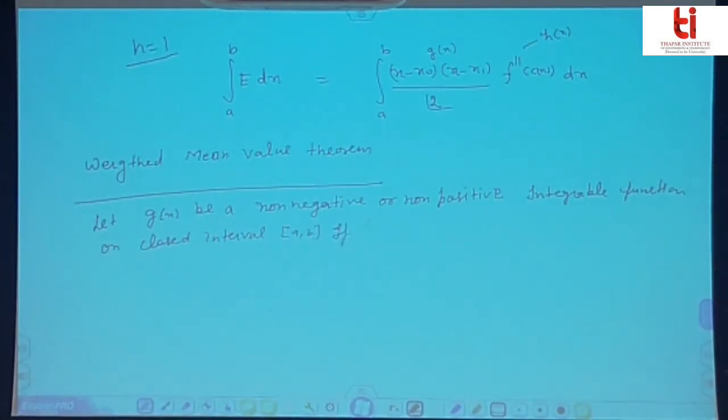If f(x) is continuous on [a, b], then the integral from a to b of f(x) g(x) dx equals f(t) times the integral of g(x) dx for some t belonging to the interval a to b.